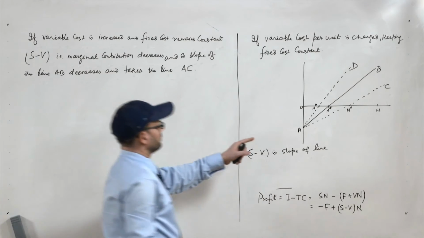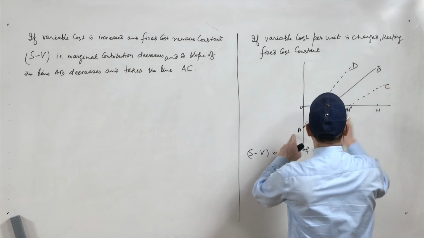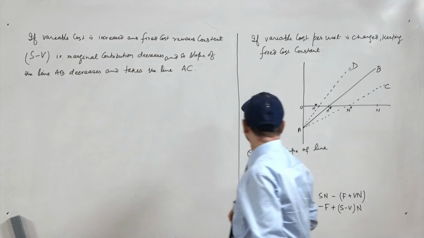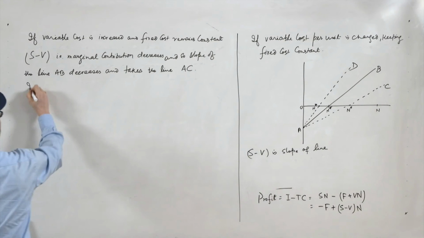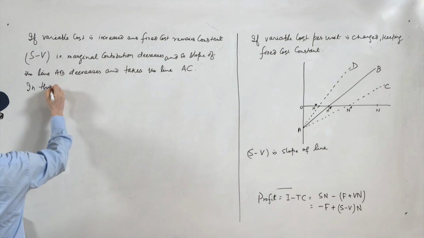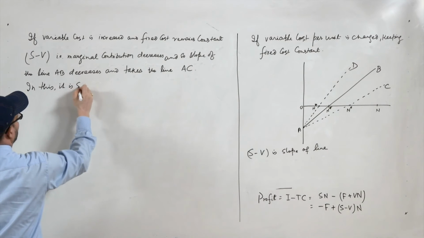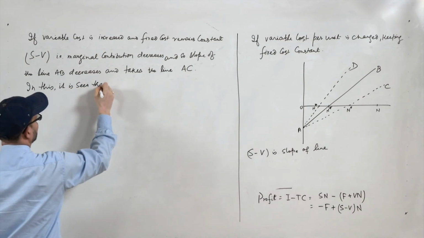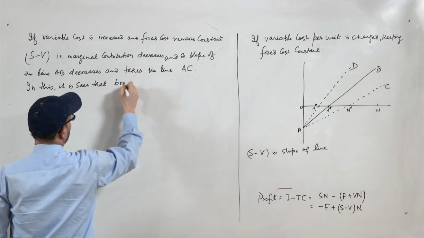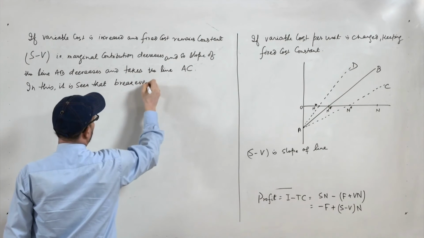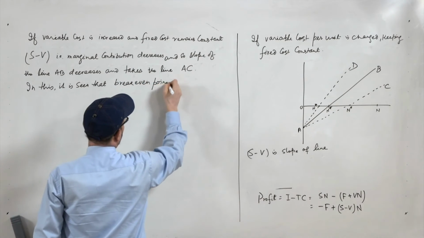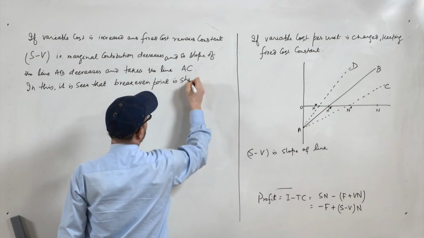So, the slope of AB now is AC. In this way, it is seen that the break even point is shifted towards right.